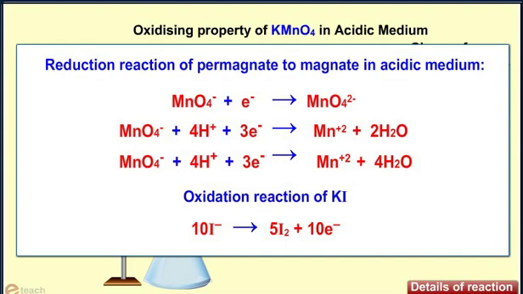Now the oxidation reaction of KI: 10I- goes to 5I2 + 10 electrons. On combining both the equations for reduction and oxidation, we get the major equation.